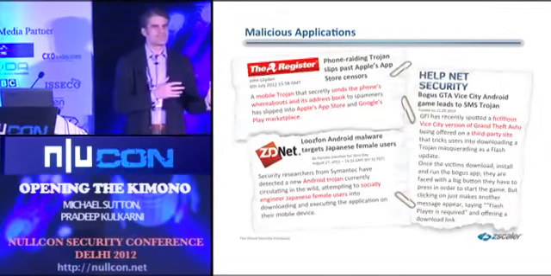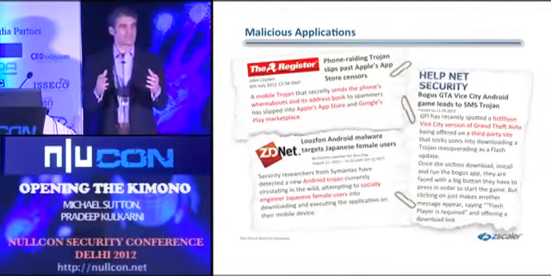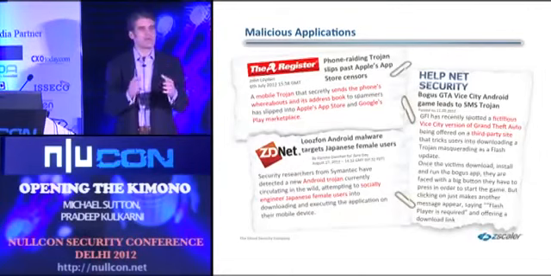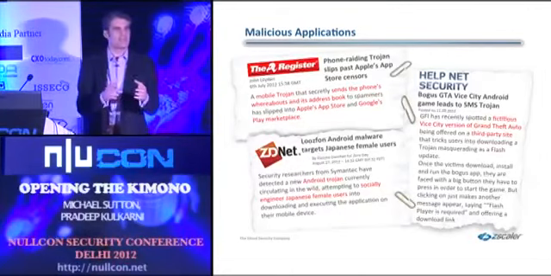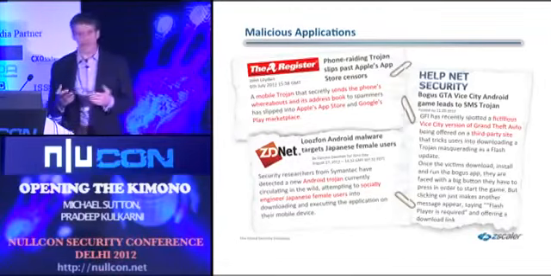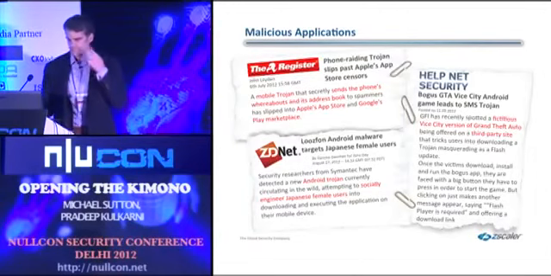I don't need to social engineer you into finding my app, because there's one place where all the apps are stored. And if I can sneak an application in there, I can get you to download it and get my malware out that way. And they'll do things like clone popular applications. So you may think you're downloading, in the case of the story on the right, Grand Theft Auto, but you're actually downloading a Trojanized version of that.